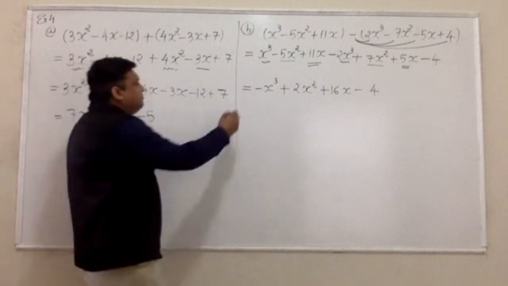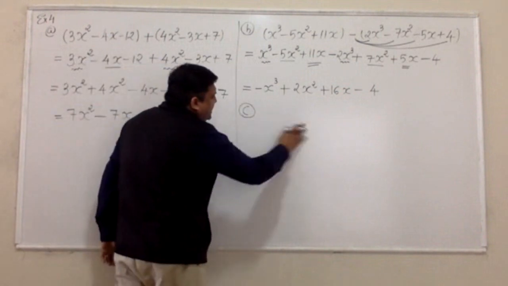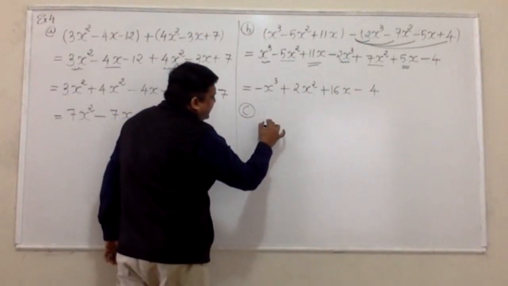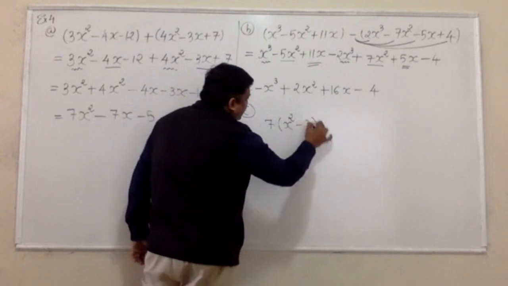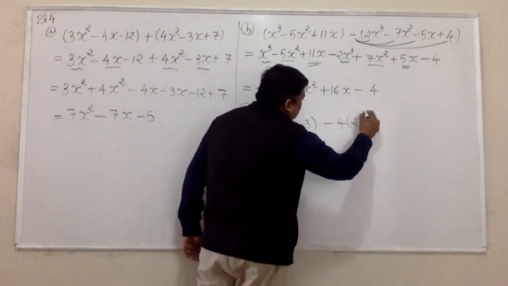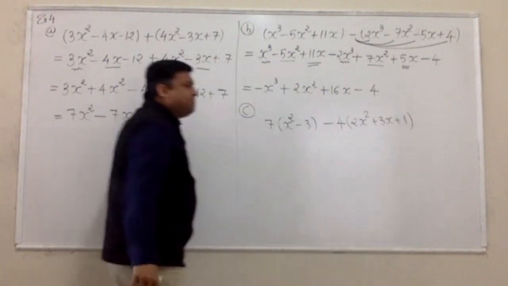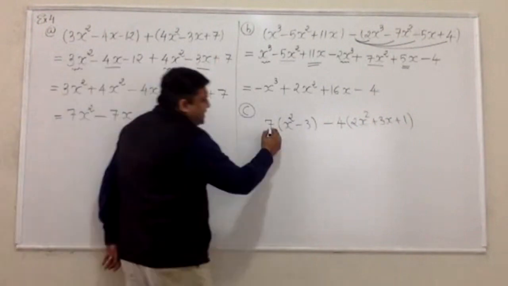Let me give you one quick fancy example which may help us for the next idea. Let's say I have 7 times x squared minus 3 minus 4 times 2x squared plus 3x plus 1. We again do exactly the same thing.